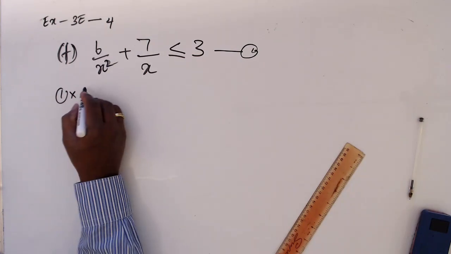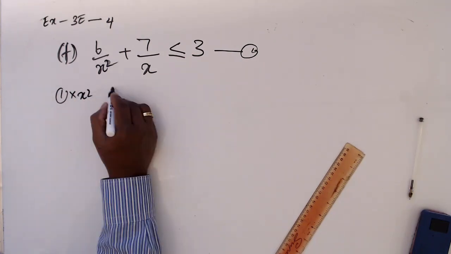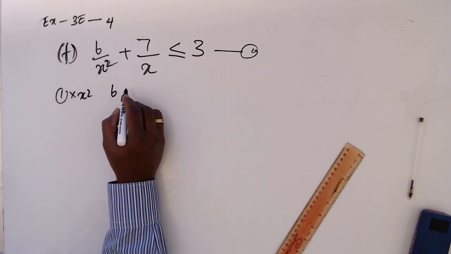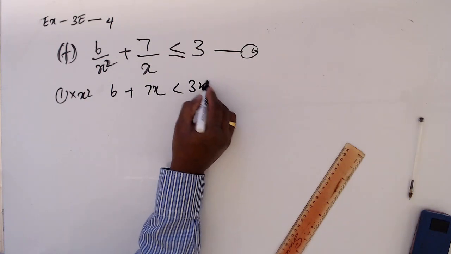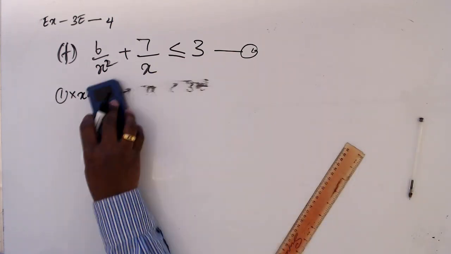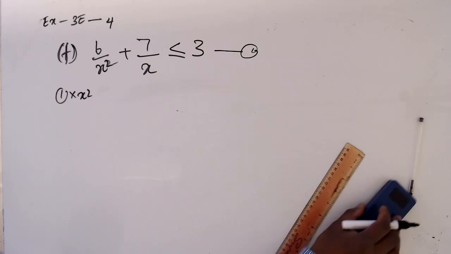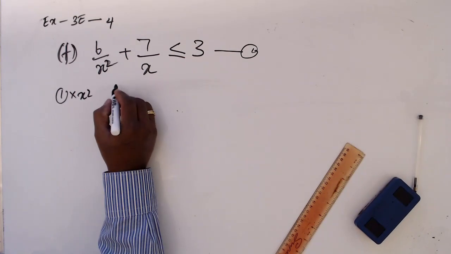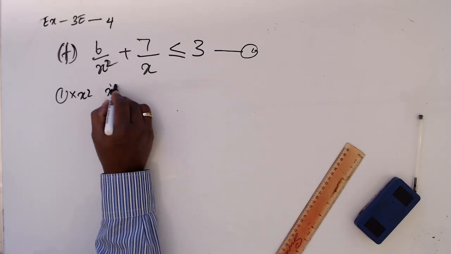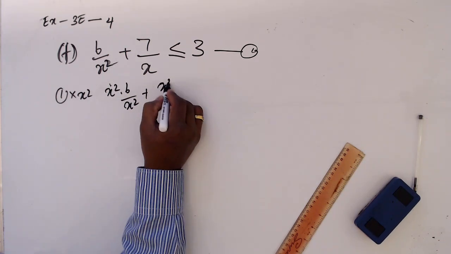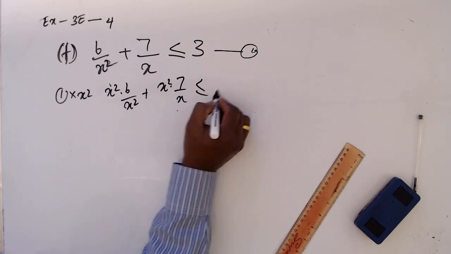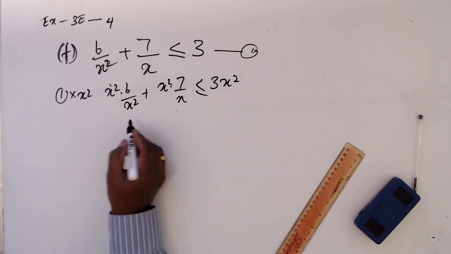1 multiplied by x square, 6 plus 7x plus 3x square. X square times 6, x square times 7x, 3x square.